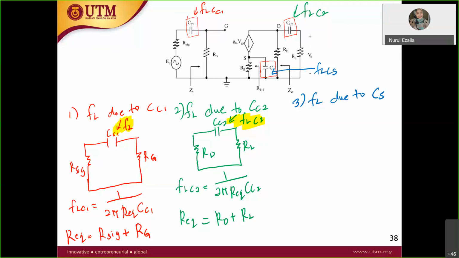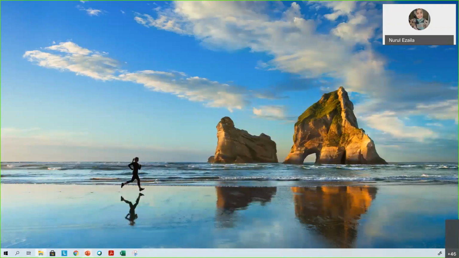Can you wait? I need to open the BJT file. Let me check where it is. Yeah, found it. So it is Z test, I mean common emitter for the unbypass actually. Let me show you again if you have forgotten.